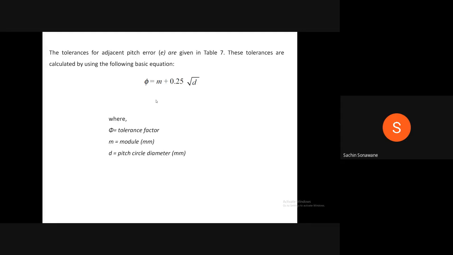These tolerances are calculated by using the following basic equation: phi is equal to m plus 0.25 into root d, where phi is the tolerance factor, m is module in mm, and d is pitch circle diameter in mm. While solving problems, we have to use these equations.